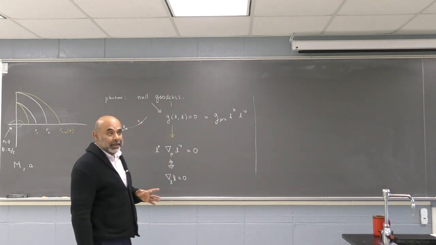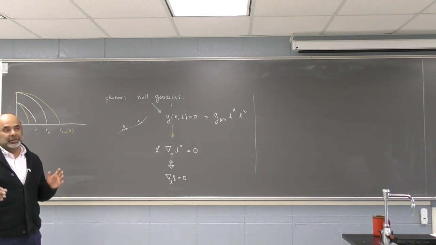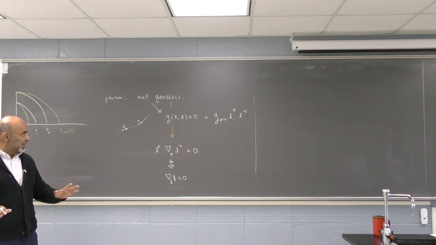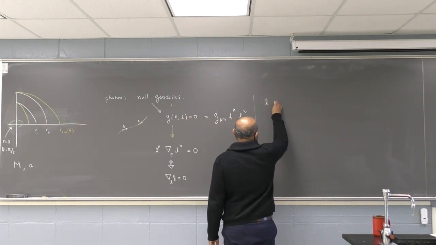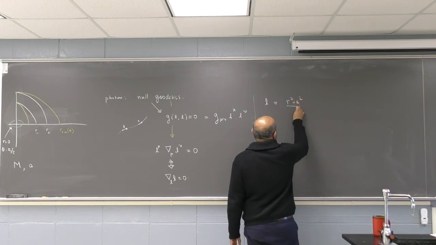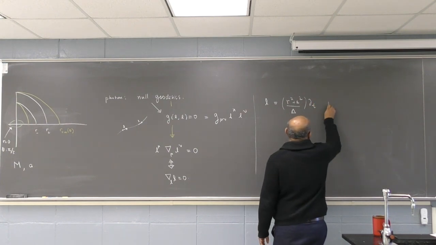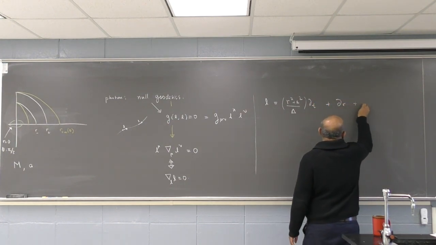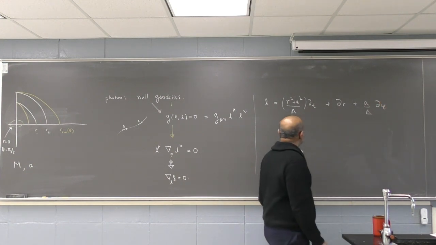It has deeper meaning, and perhaps it has to do with the origin of the Kerr geometry as well. But that aside, I'll call one of them L, (r squared plus a squared) over delta dt plus dr plus a over delta d phi.